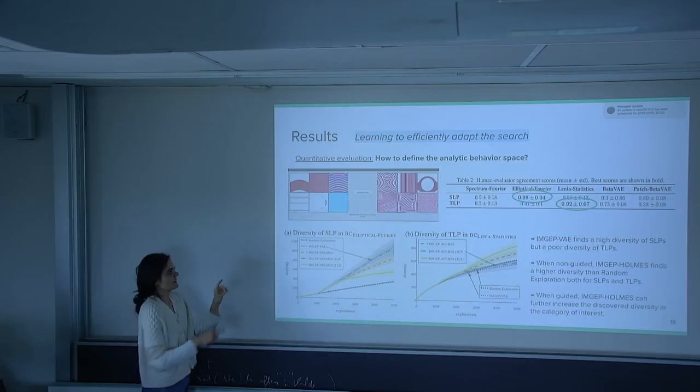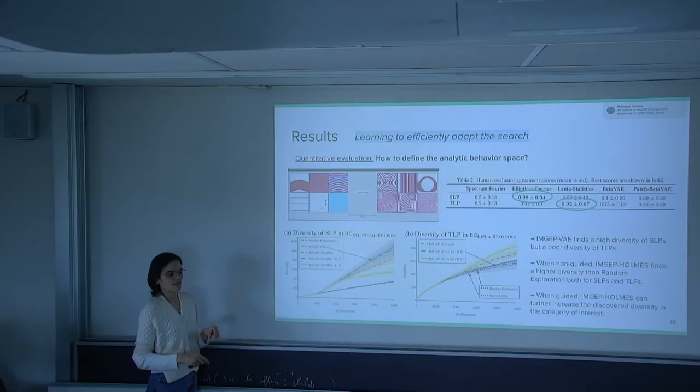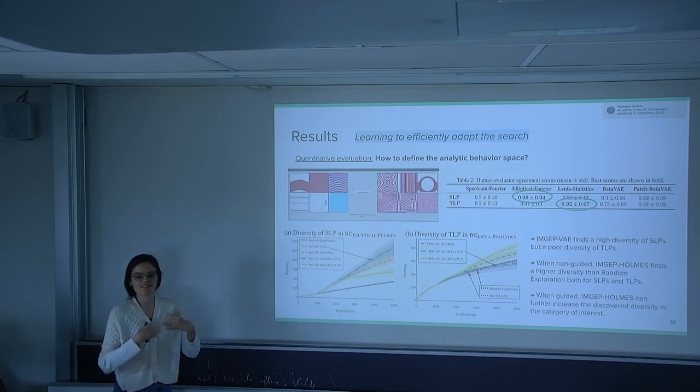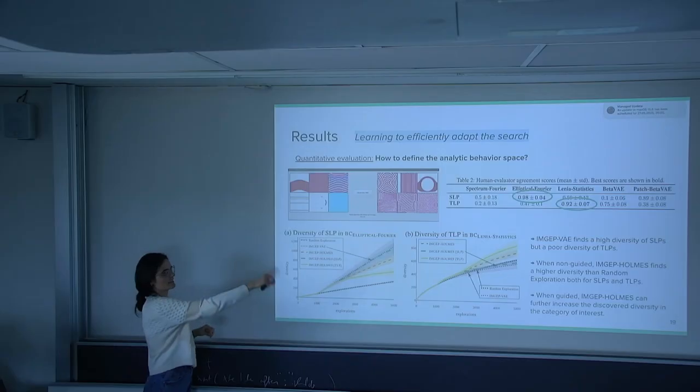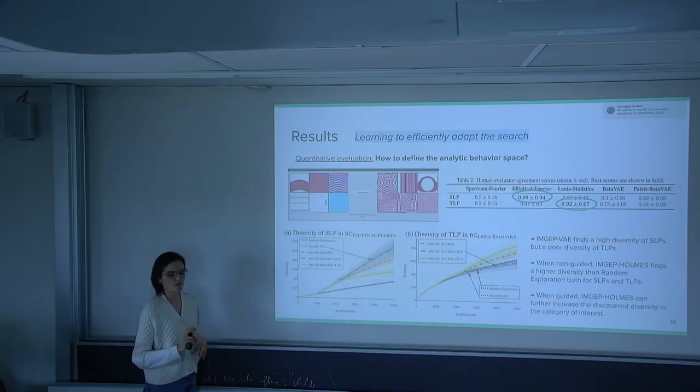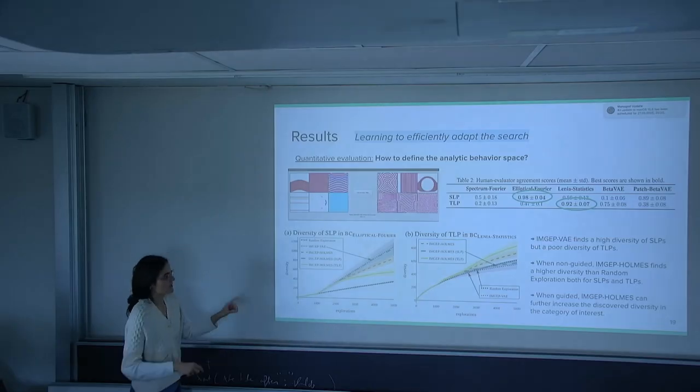And then the human would select the set of patterns that they think is the most representative of their own intuitive notion of diversity. And we would do that many times, and then we would select the space that correlates more with the human intuitive notion of diversity.